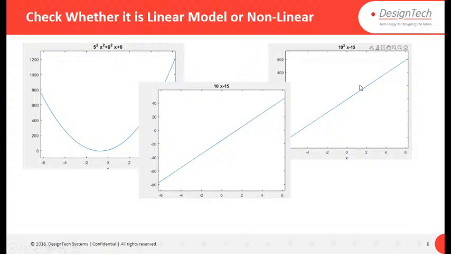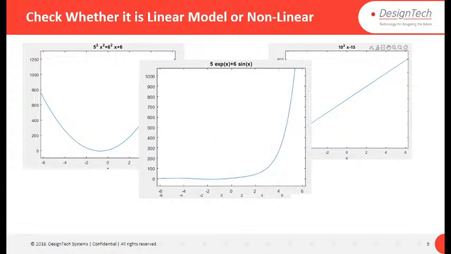The third one you see here, regression coefficient or model parameter is 10 square and 15. Both are non-linearly added, right? So in this case, regression is non-linear but the mathematical equation is linear. Okay. Last one. Here you see 5 and 6 are regression coefficients, also called model parameters.